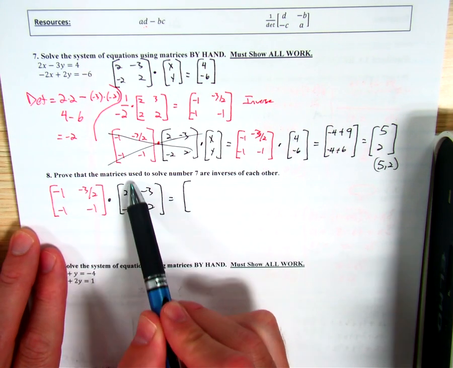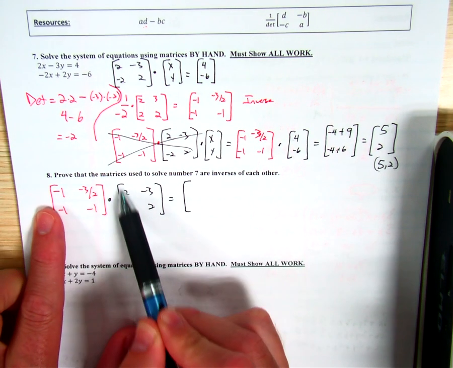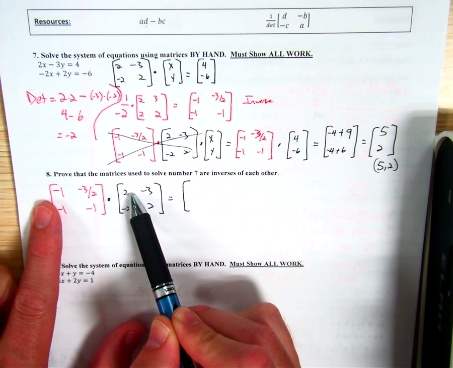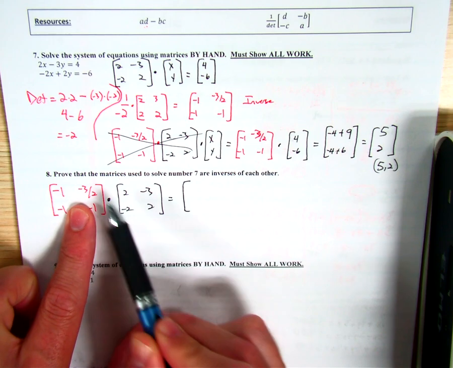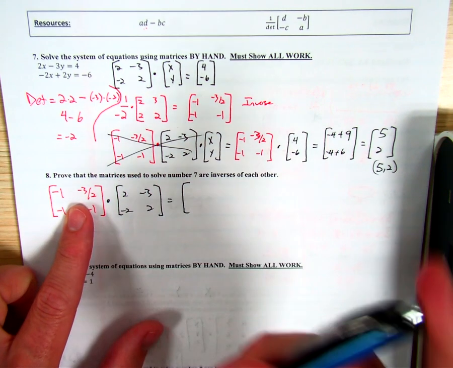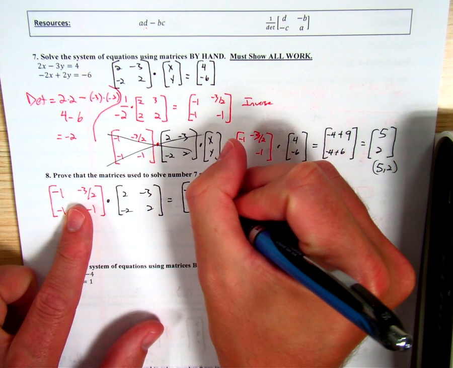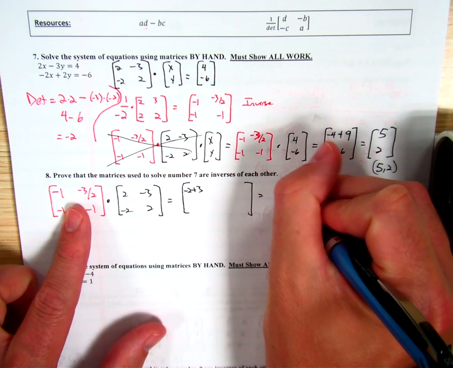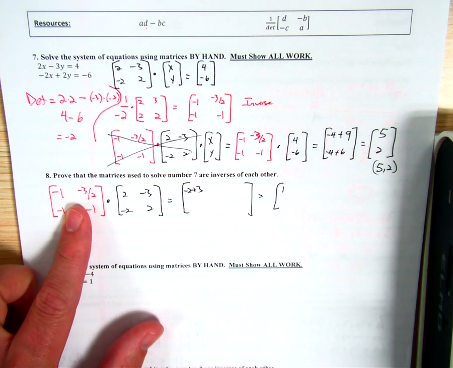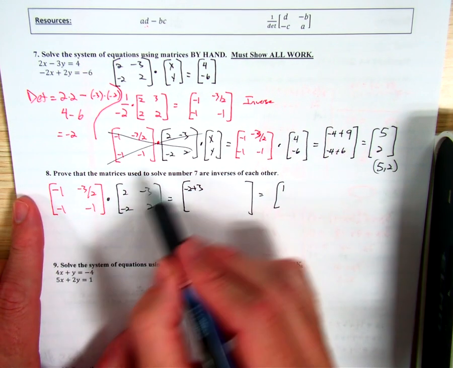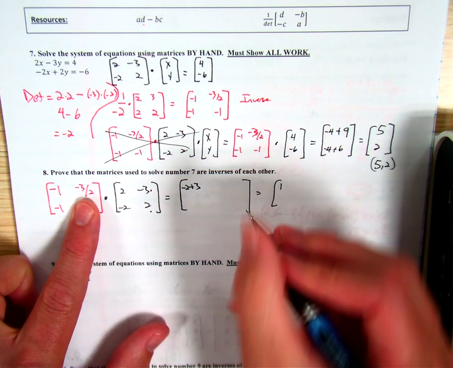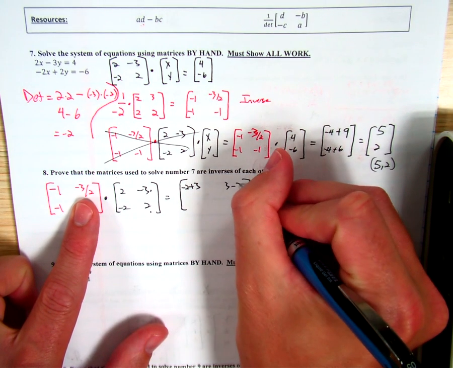So row times column. Top row, left column gives me the top left corner. That's going to be negative 2. And that's negative 1.5 times negative 2. That's going to be a plus 3. So that's actually going to be a 1. Top row, right column will have positive 3 and negative 3 for a 0.